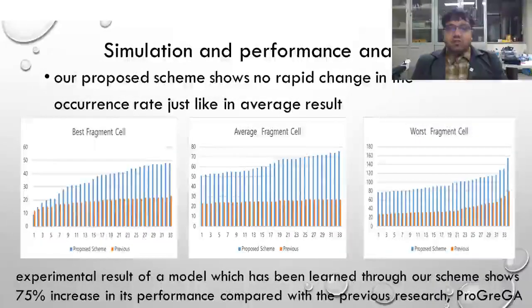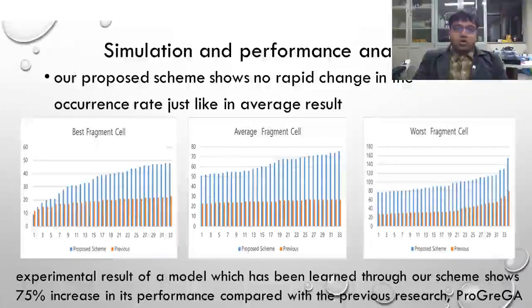Our proposed scheme shows no rapid change in the occurrence rate in the average result. So the average fragmented cell count is better than the previous system. In short, the experiment result of this model shows that there is a 70% increase in performance compared to the previous research, which is the ProGRE GA algorithm.